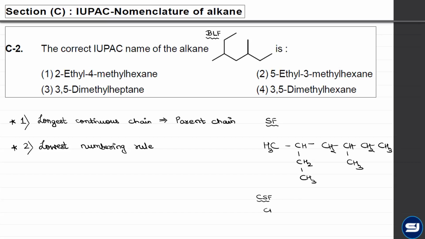CH3 CH bracket C2H5, CH2, CH bracket CH3, CH2 CH3. That's it. You just have to bring the substituents in brackets and write them beside the carbon. And simply you will get a single line formula without any bonds being shown. That is called the CSF, condensed structural formula.